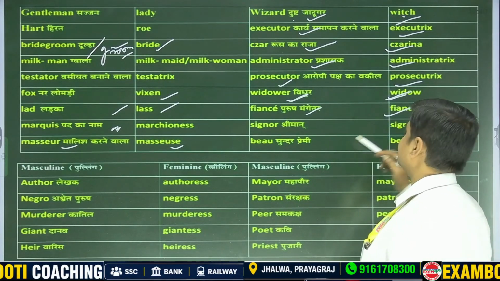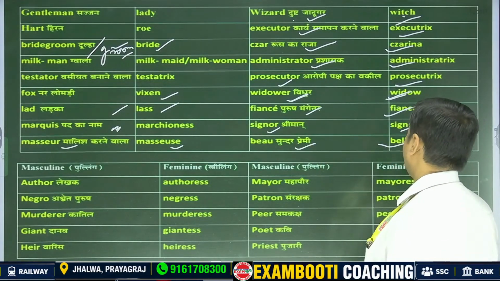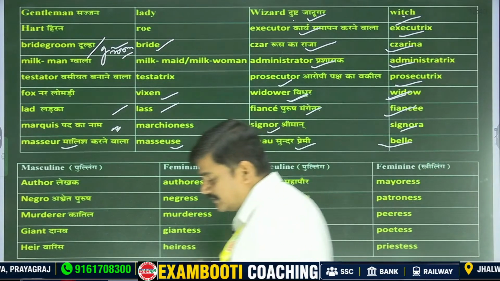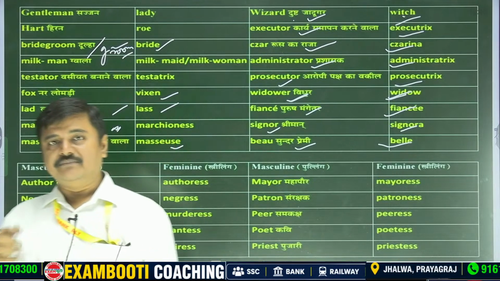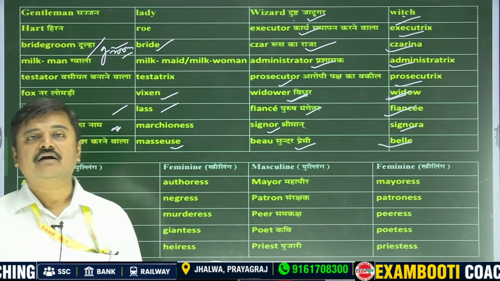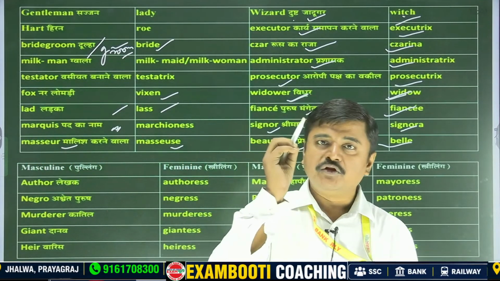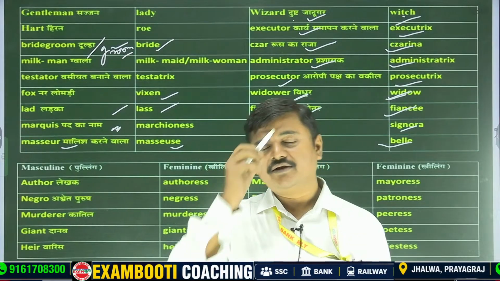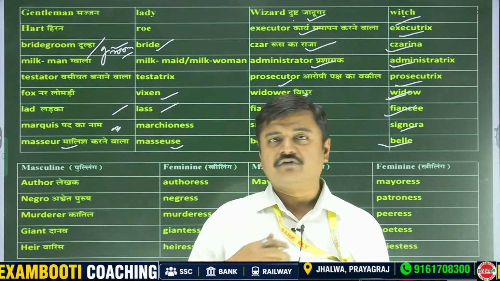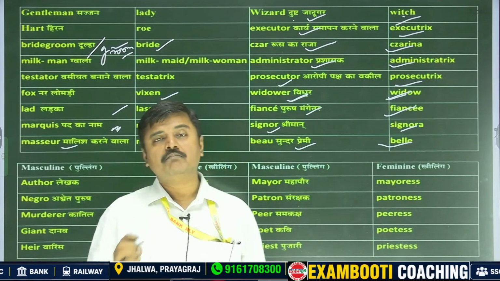Fiancé, fiancée, signor, signora, beau, belle. Of course, in this table, you will find even more words that you are not aware of. So just keep them in your memory by writing them down, by noting them down, whichever way you know, but you have to keep them in your memory.